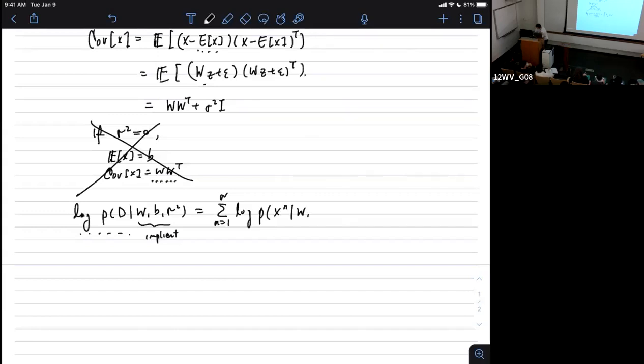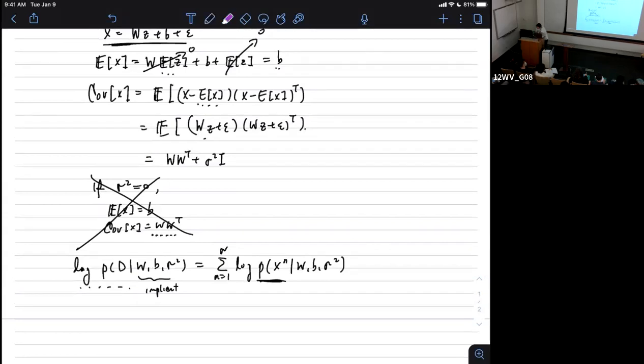P of xn given W, B, sigma squared. So this is the marginal distribution. And we now know exactly what the marginal distribution looks like, right?